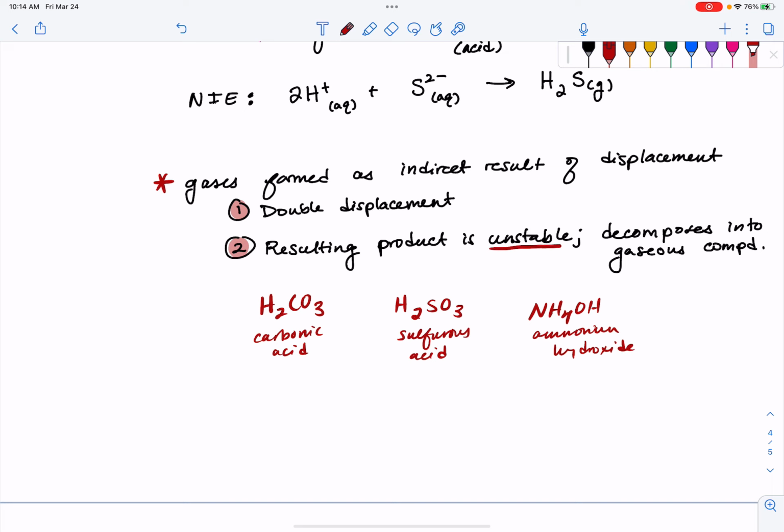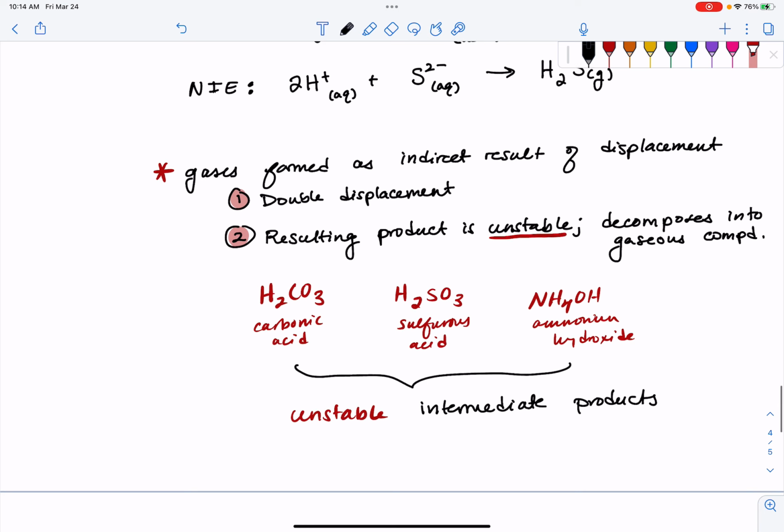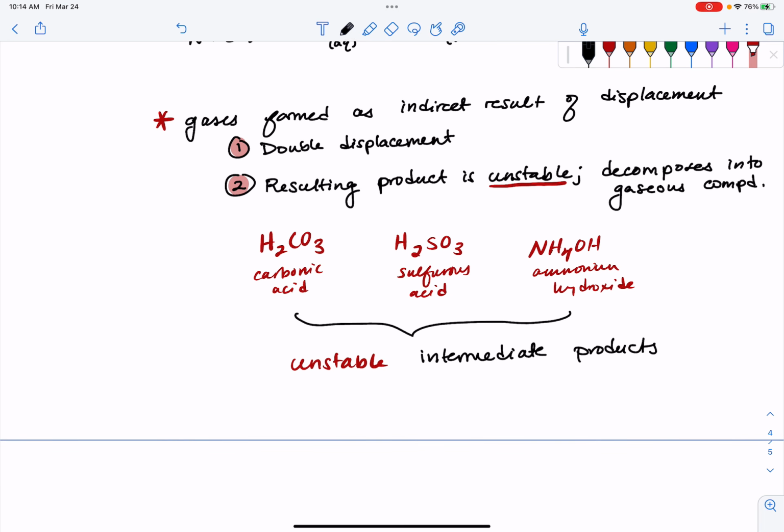All of these are unstable intermediate products because they are made in some kind of middle step, with the final step being the generation of these gases.